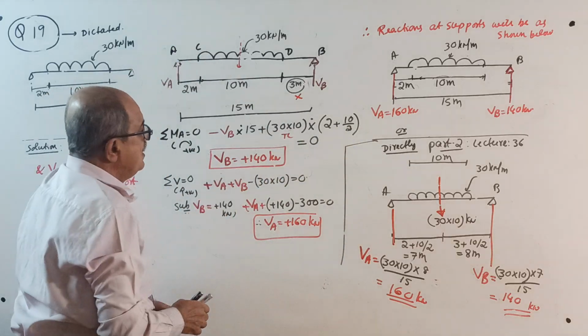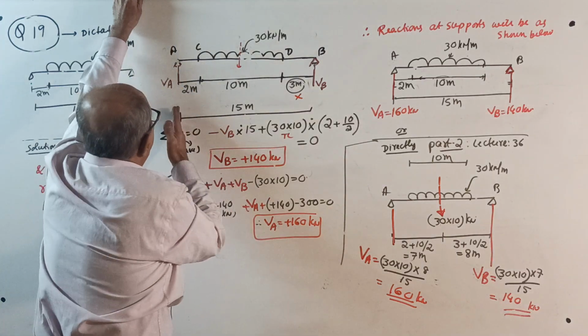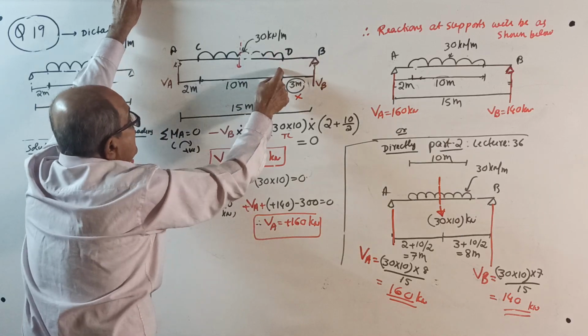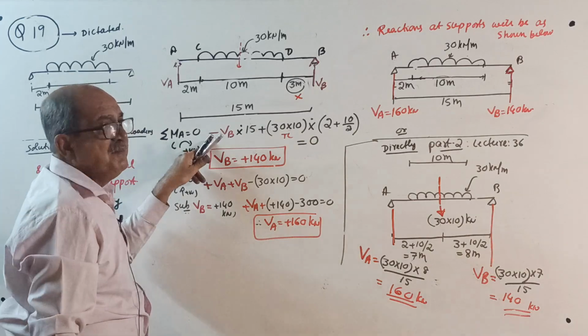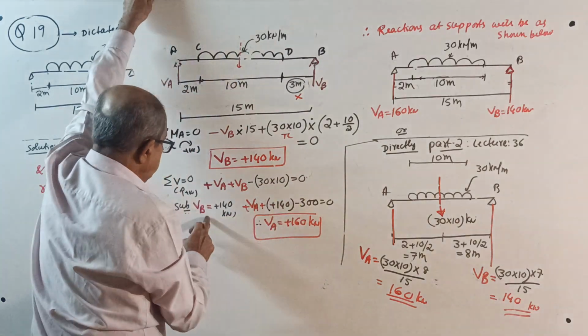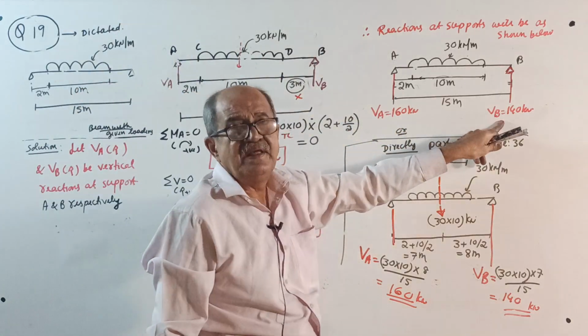Simplify, you will get VB plus 140 kilonewton. Sigma V equals 0: VA plus VB minus total load, 30 into 10. When you do sigma V equals 0, only loads. When you do sigma M equals 0, load into distance equals 0. Substitute VB, whatever you got, and you get VA. Therefore, these are the reactions.